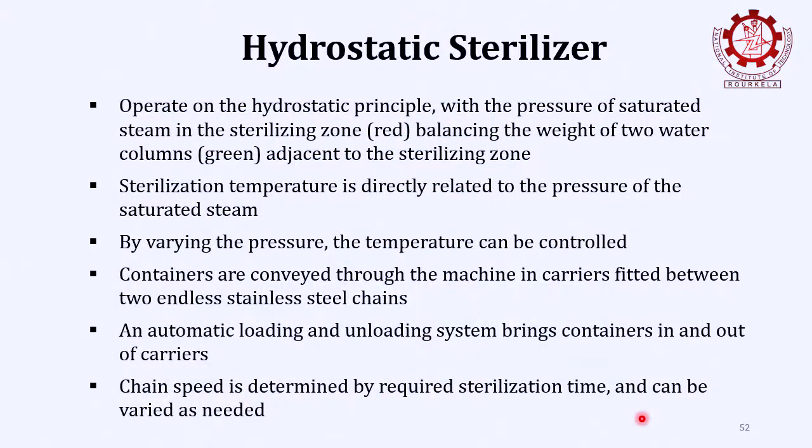So the heat transfer will be slow, and you would need a higher process time. In order to get higher process time, you would reduce the speed of the belt, so it would spend longer inside those columns. So this is how you can manipulate or adjust the process time.